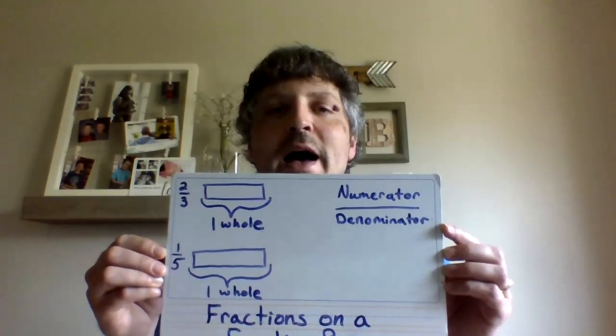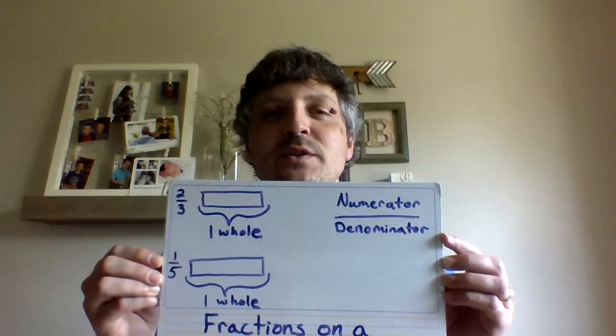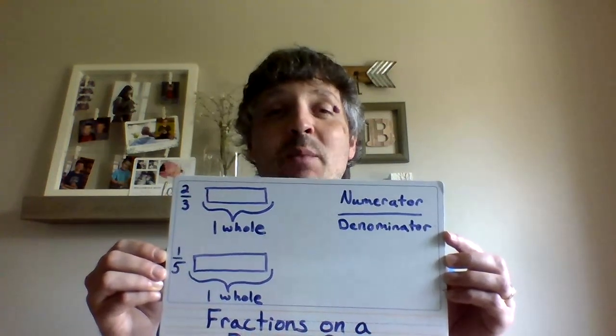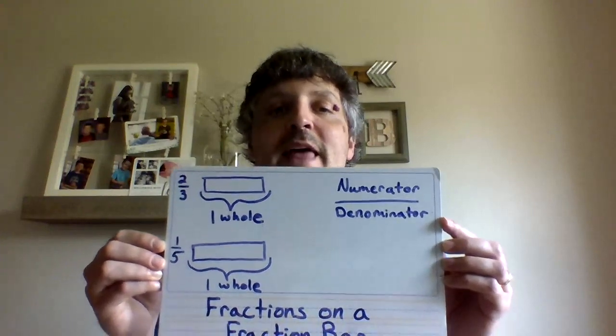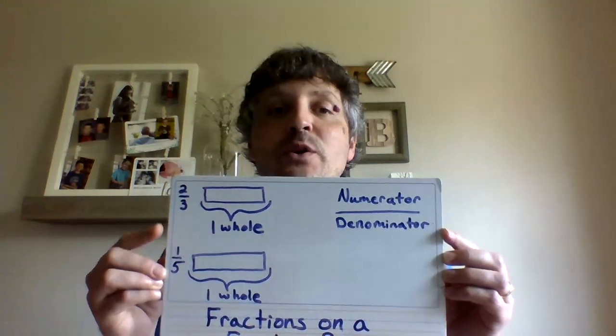If the box equals one whole, and I'm looking to see how much 2/3 of it would be, I have to divide the whole into the denominator number, which would be 3. I'll do that really quickly.